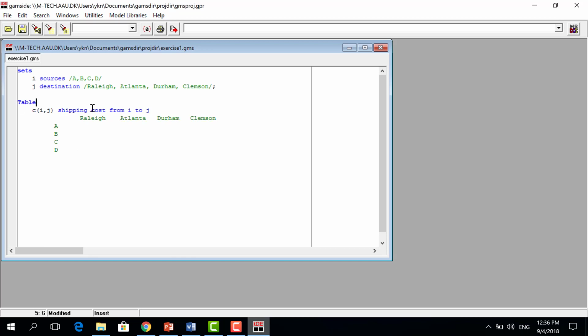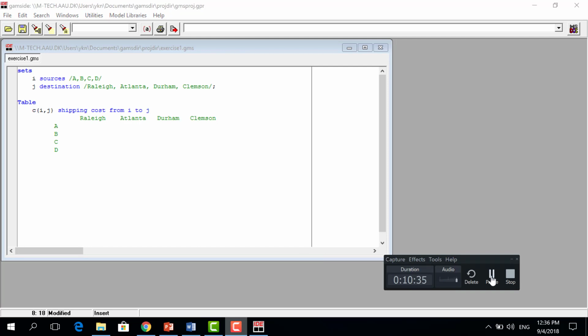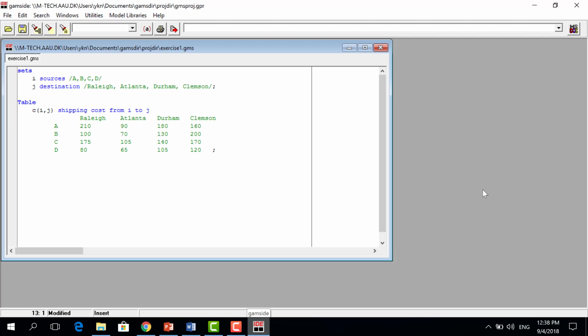So in future, if you have parameters with more than one dimension, for instance like CIJK, you have to put table instead of parameters as a definition. Here we can have several numbers as in your tables mentioned in the PowerPoint. Now I have composed the tables according to our PowerPoint tables.